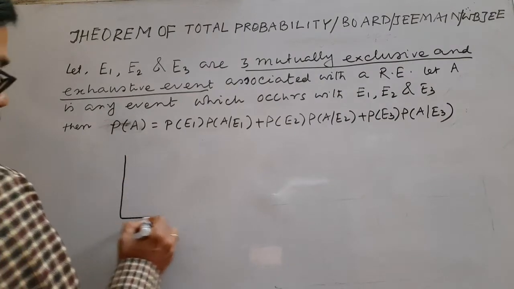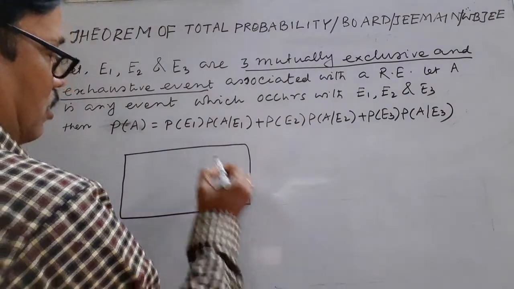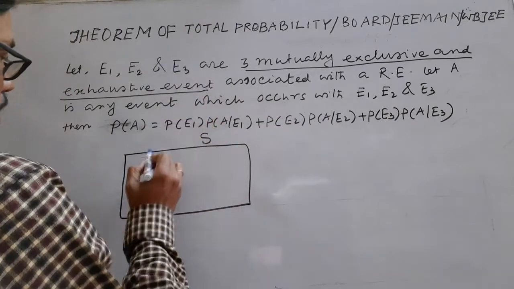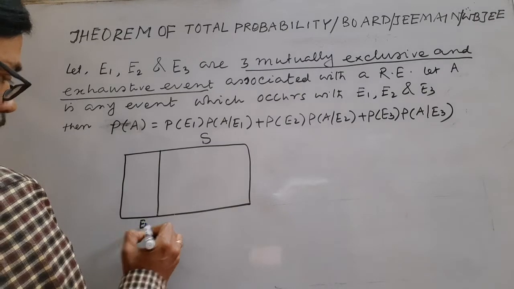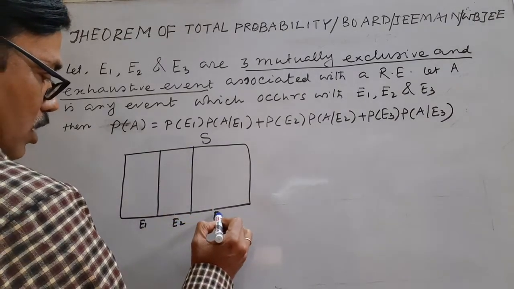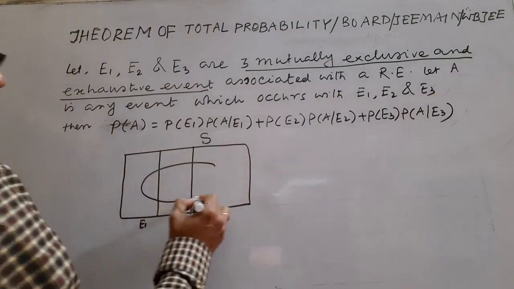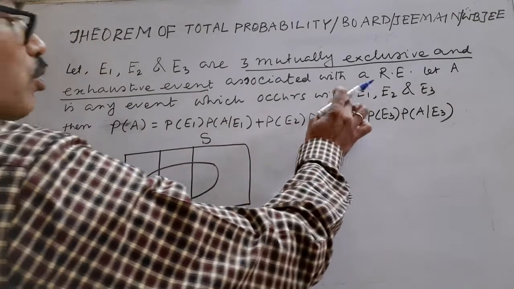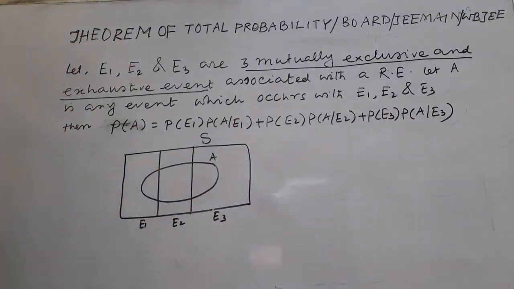So this is our universal set, the sample space. This is E1, this is E2, this one is E3. And A is any event which occurs with E1, E2, E3.